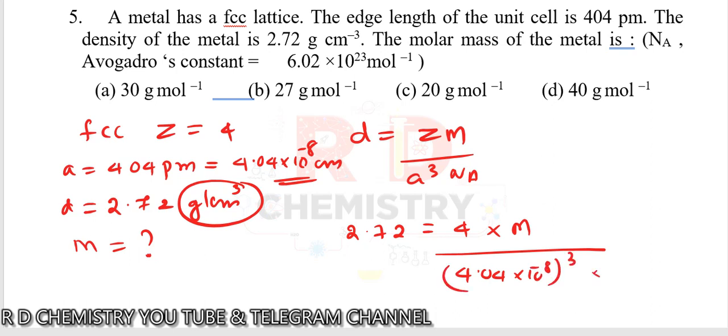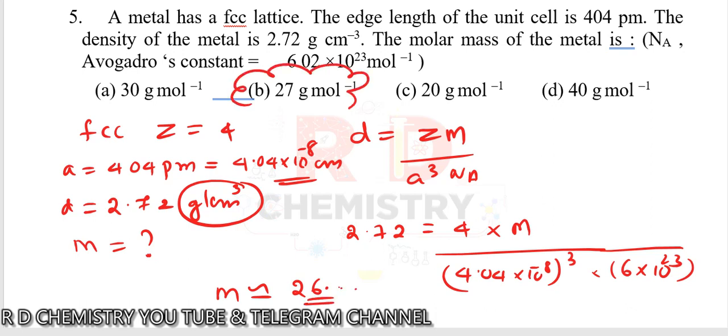Avogadro number, approximately 6 into 10 power 23, you multiply. So finally, when you calculate, the molar mass comes to be around 26 point something. So the closest answer is option number B, the second one, 27 gram per mole.